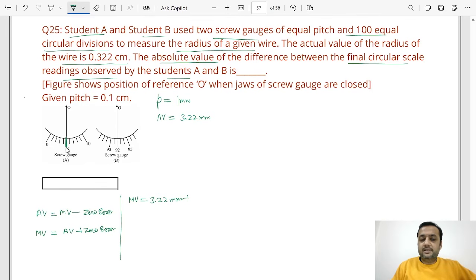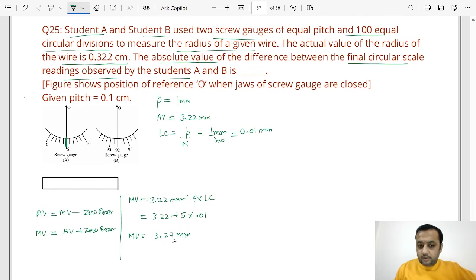It is 5 basically, you can see that 5 is the reading. So the zero error will be 5 into the least count. So this will become 3.22 plus 5 into the least count. The least count is the pitch upon the number of circular scale divisions, that means 1 mm upon 100, so 0.01 mm. So this will become 3.27 mm. This is the measured value.